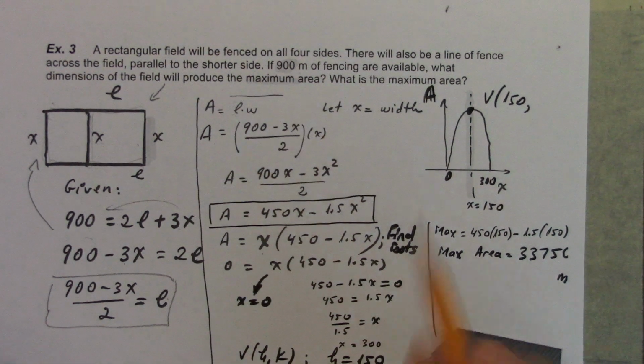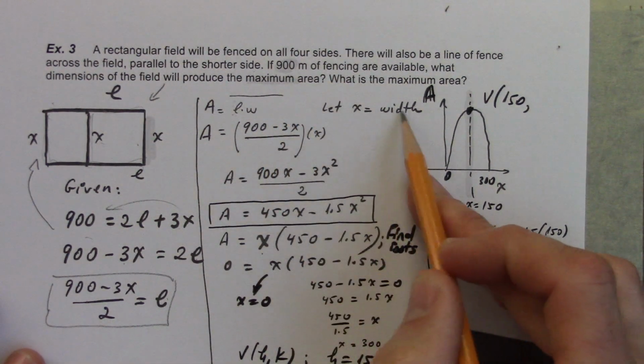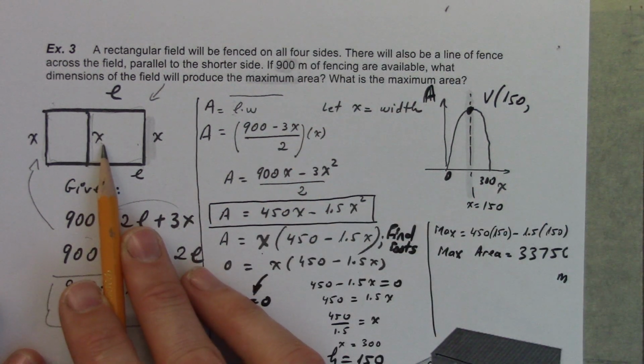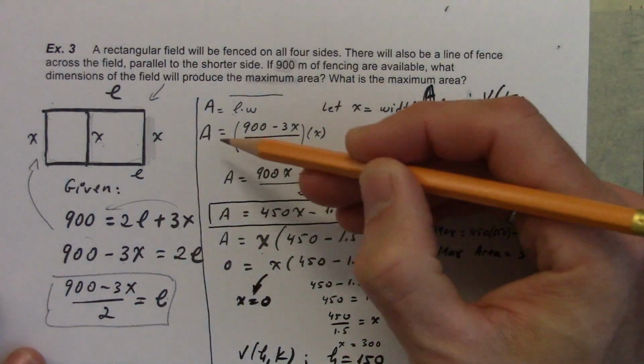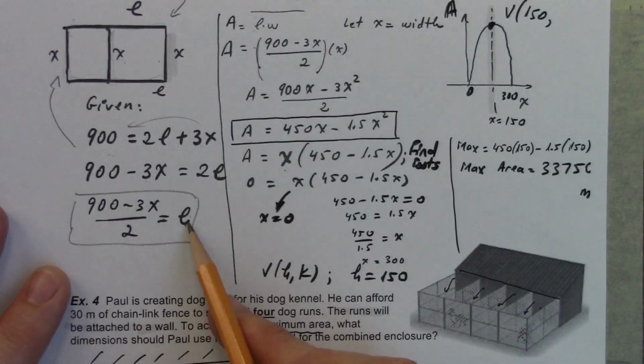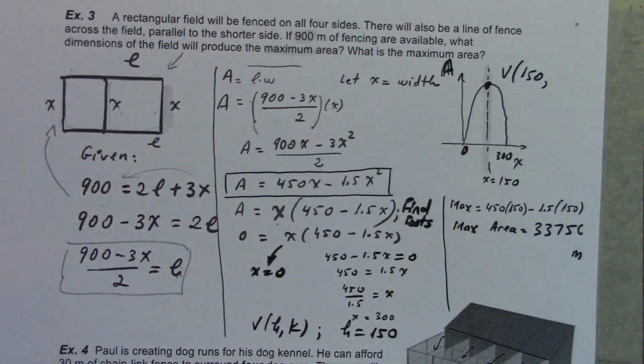In this case, we've used X as our width, so it says here let X equal width. Could have just started with W's, to be honest. Would have probably been better. So our area formula then becomes all of this, which we've determined is L down here, times X. Any questions on the area formula?